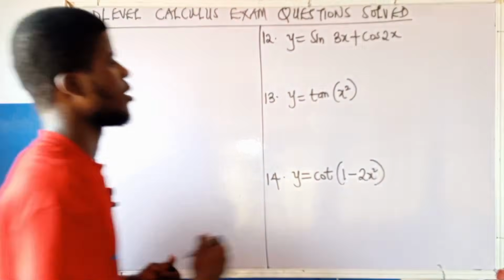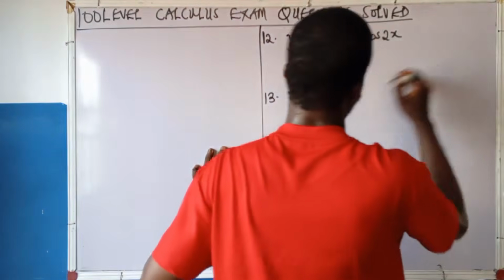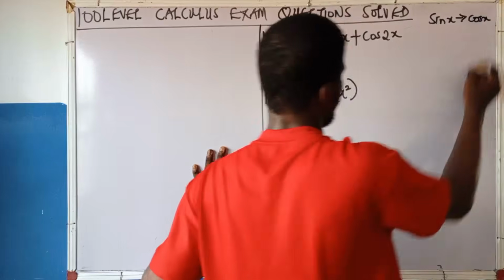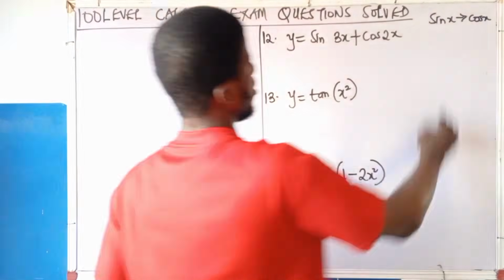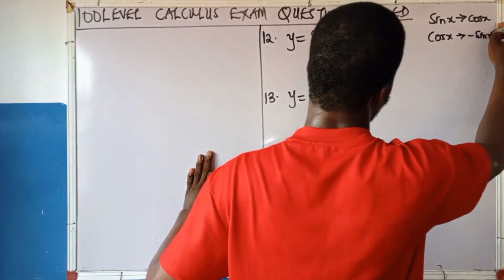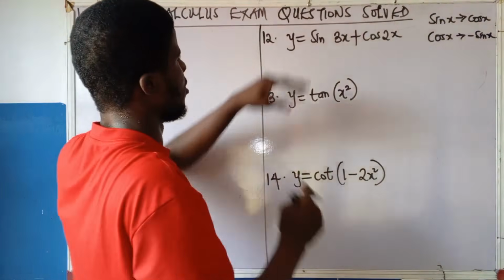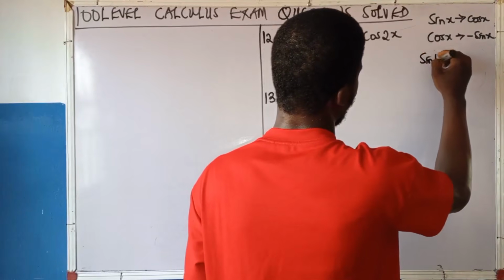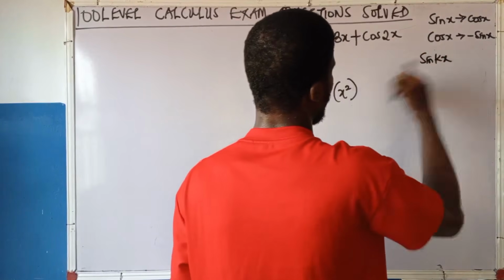Now, take note. The derivative of the sine function, sin x, is cos x. Differentiate sine to get cos. Differentiate cos to get minus sine. So I want to differentiate sin 3x now. If I differentiate sin kx, the k will come out.